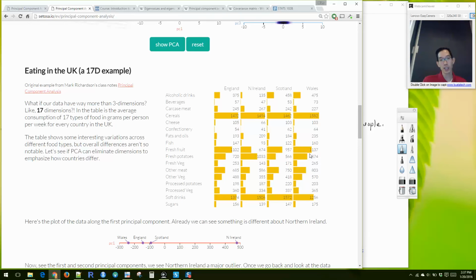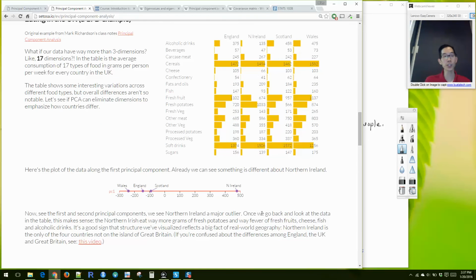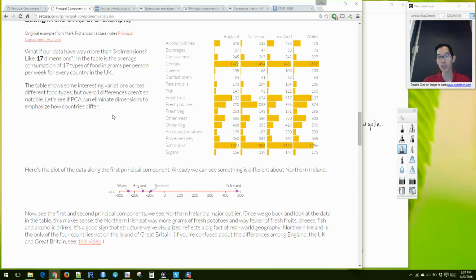But then you apply principal component analysis to this data, and it shows Wales, England, and Scotland kind of together, and Northern Ireland way out by itself. Now, the unfortunate thing about principal component analysis is that from the loadings on the principal component you can get an idea of what's important, but it in itself will not tell you what the important variables are.